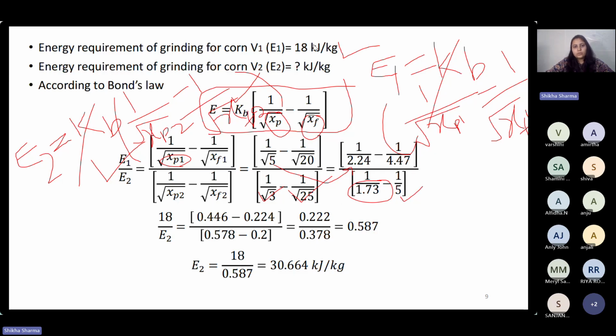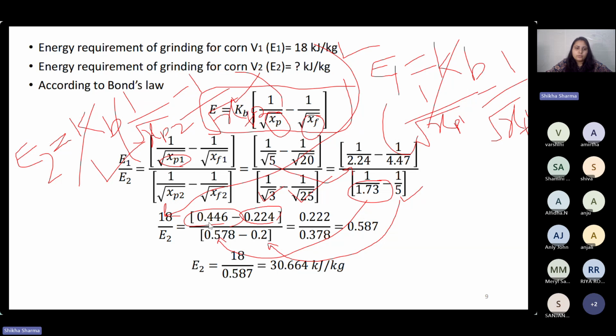So in the question it is given that E1 equals 18. So 18 by E2 equals 1 upon 2.24, which is 0.446, minus 1 upon 4.47, which is 0.224, divided by 1 upon 1.73, which is 0.578, minus 1 upon 5, which is 0.2.